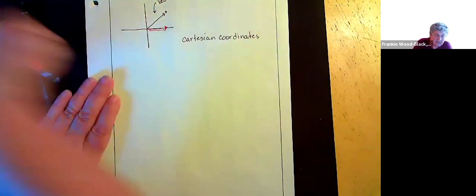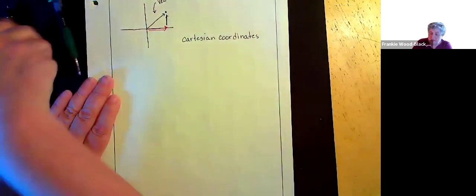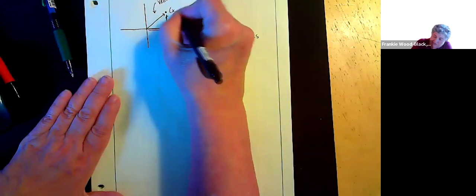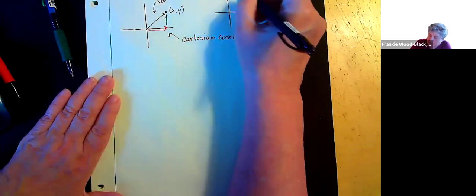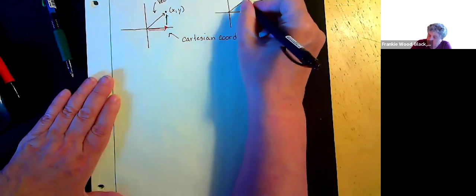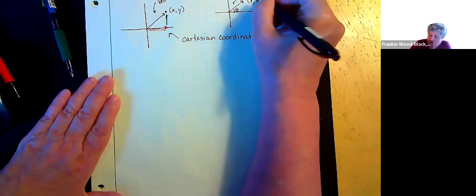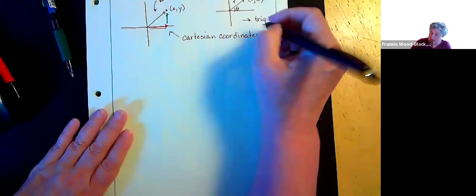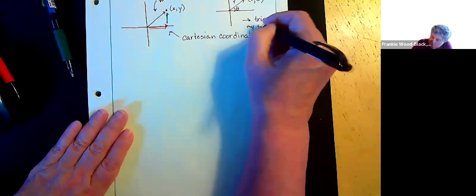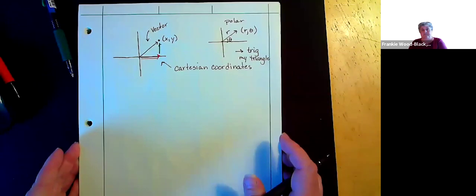We just kind of mentioned it. I could add my vectors head to tail to get this. And we could represent this as an x, y. This is my Cartesian coordinates, or we could use a polar coordinate system. And this was r, and this was theta, and I could use an r theta. And then I could use my trigonometry, my triangle, to describe that position. All right.